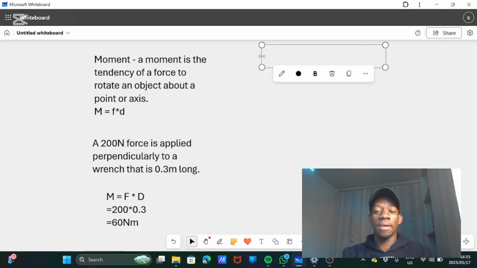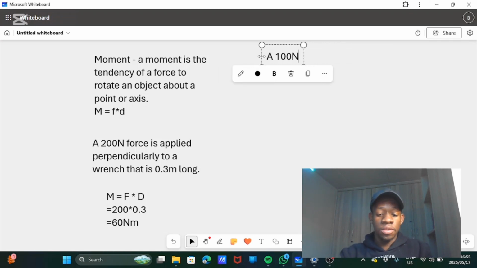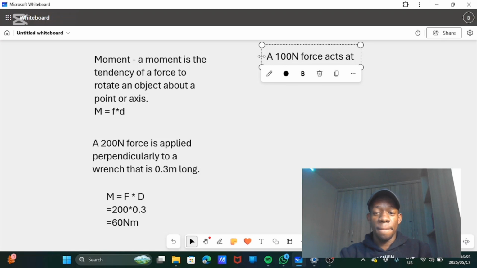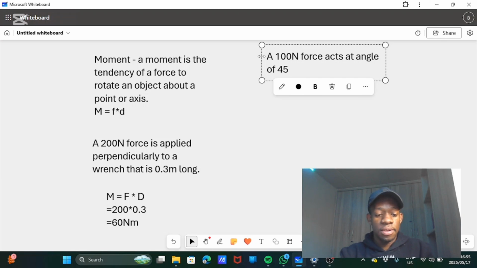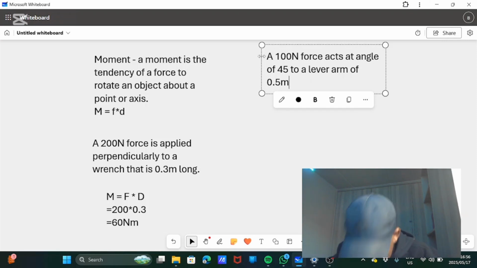Another example is a 100 newton force that acts at an angle this time, an angle of 45 degrees, to a lever arm of 0.5 meters.